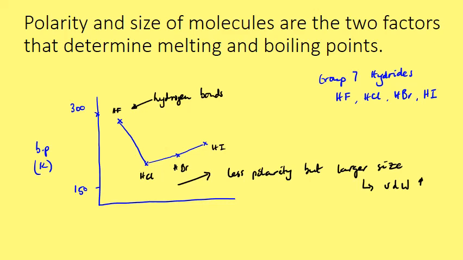But the very high relative boiling point of hydrogen fluoride is explained by the fact that you've got hydrogen bonds, a very polarized bond with the hydrogen fluoride, and also a lone pair on the fluorine for the hydrogen, delta positive hydrogen, to form a bond with.